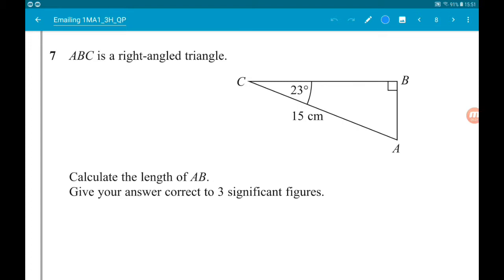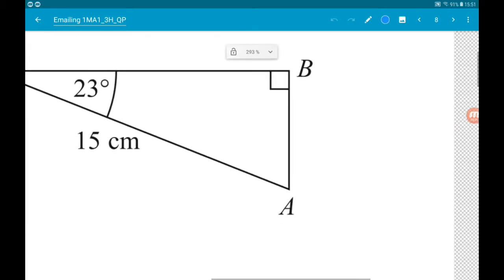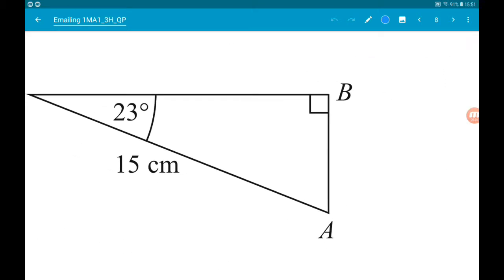Okay, so AB is this length over here. Now that to the angle is the opposite. The 15 centimeters is the hypotenuse.